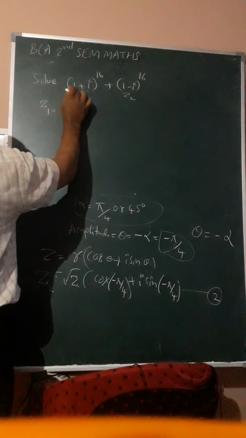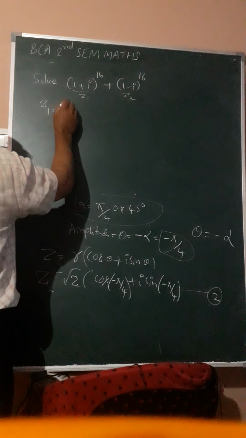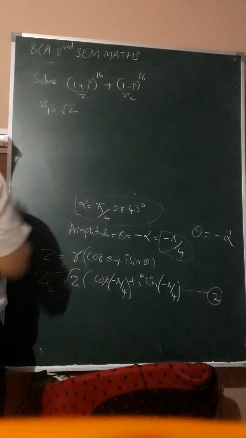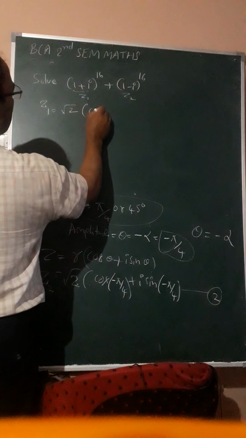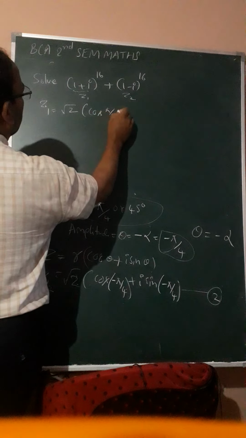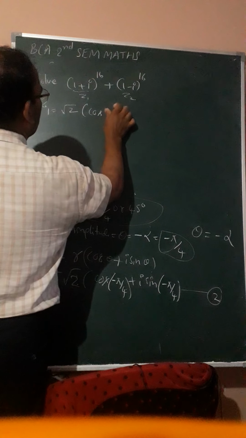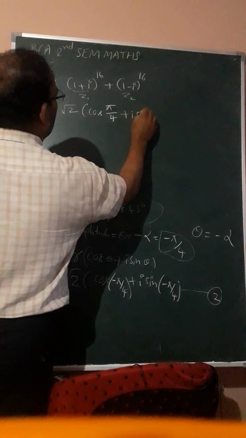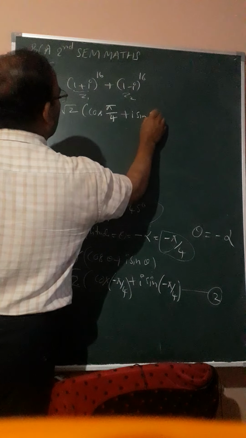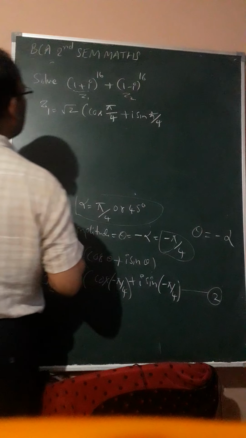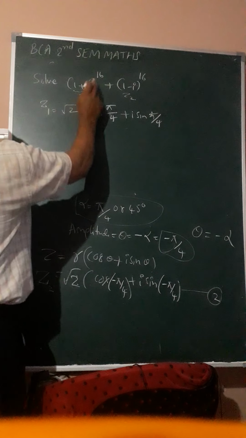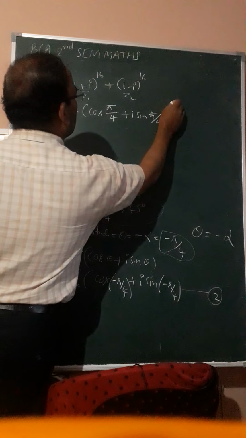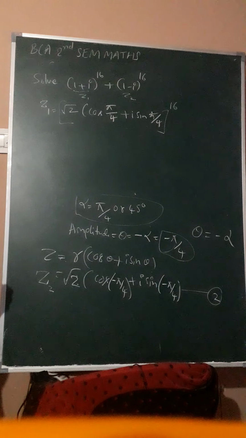Z1 is equal to root 2 times cos pi by 4 plus i sin pi by 4, the whole to the power of 16.